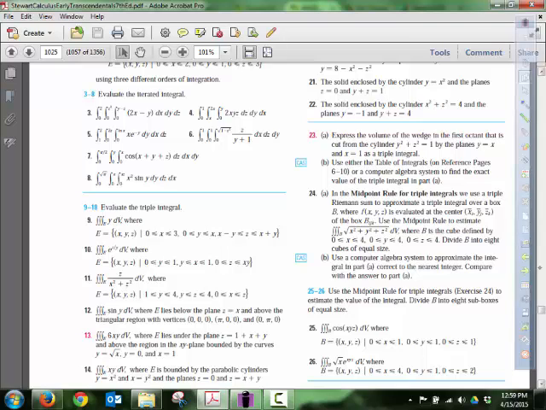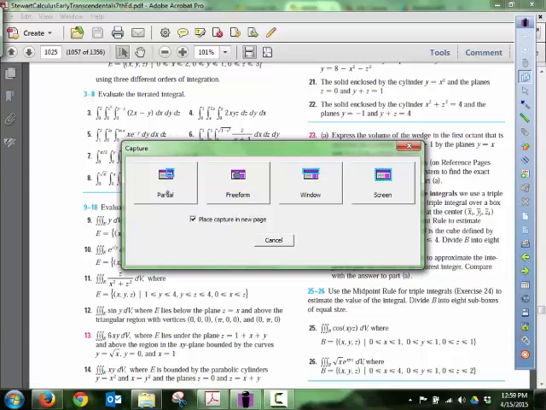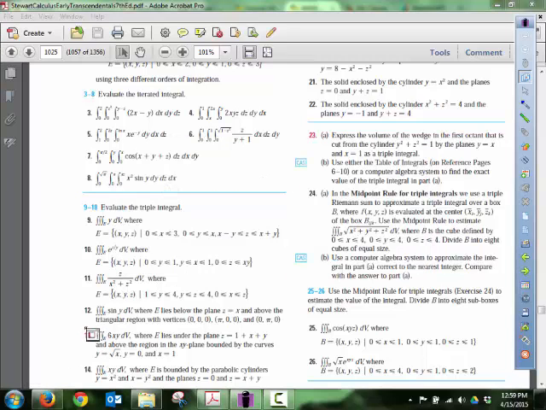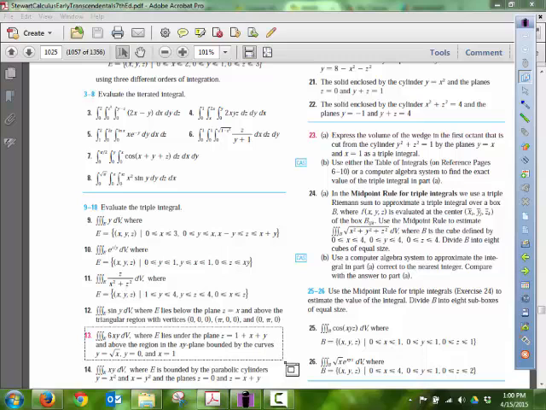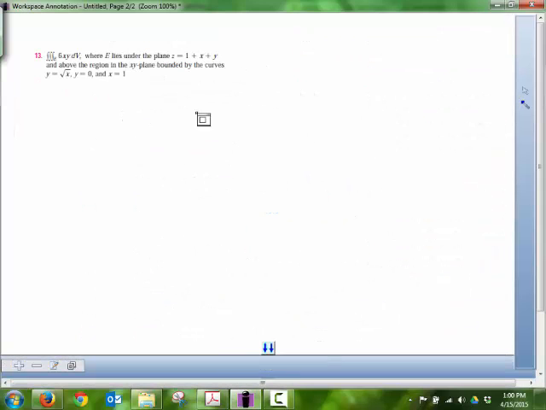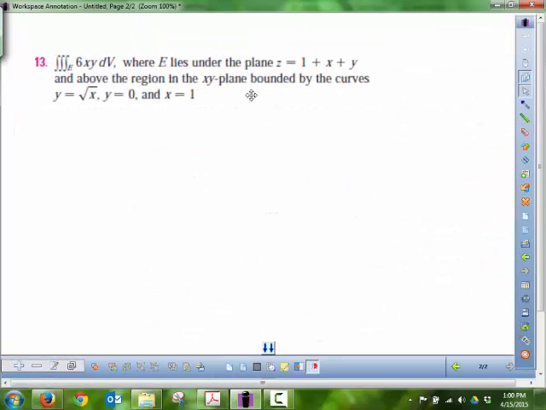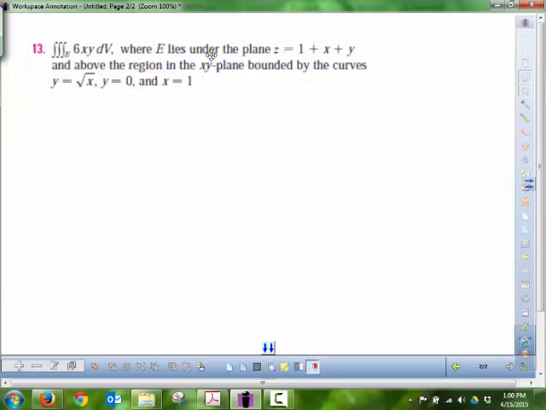All right, so if we pick one like number 13, for example, where we're asked to evaluate this triple integral, it's an integral of 6xy, so we can pretend that 6xy is your density function. And then you have a solid. A solid E is going to be a solid where it's bounded above by a plane.